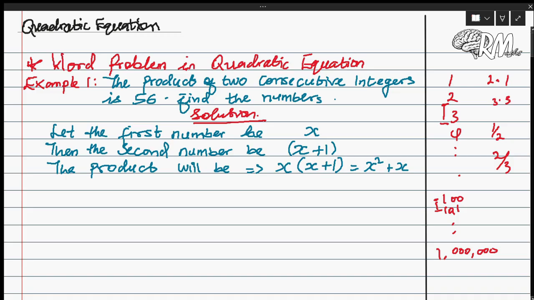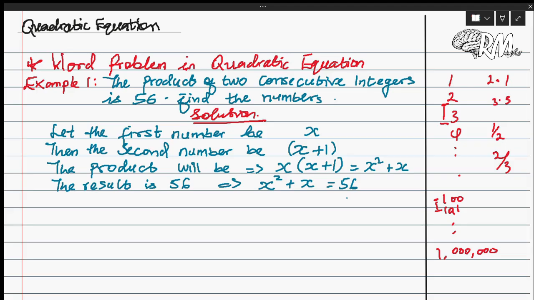And finally, they said the result is 56. So it means that x squared plus x equals 56. So this is how we interpret this word problem and put it into a normal equation for us to solve.